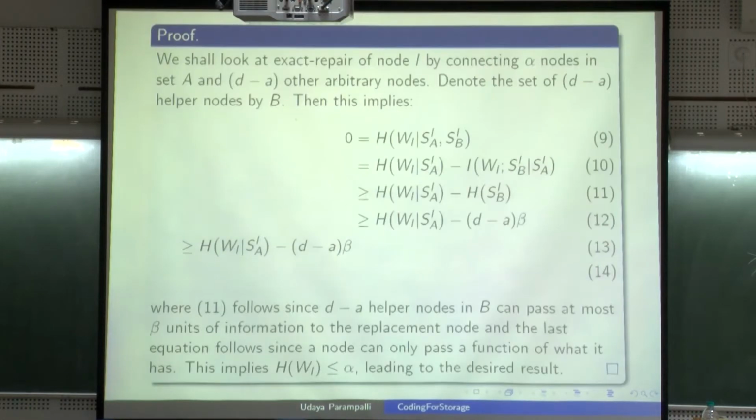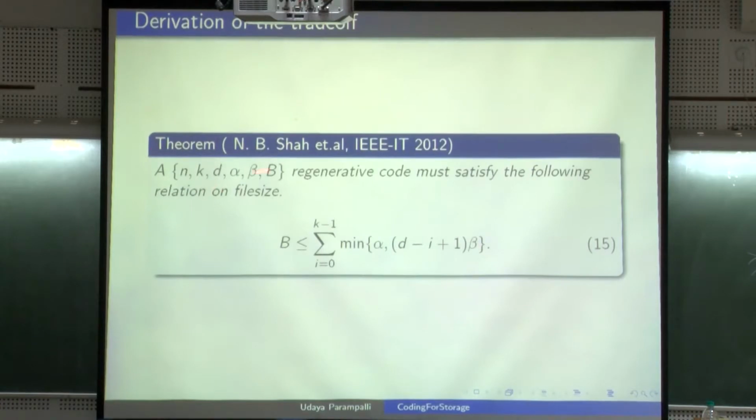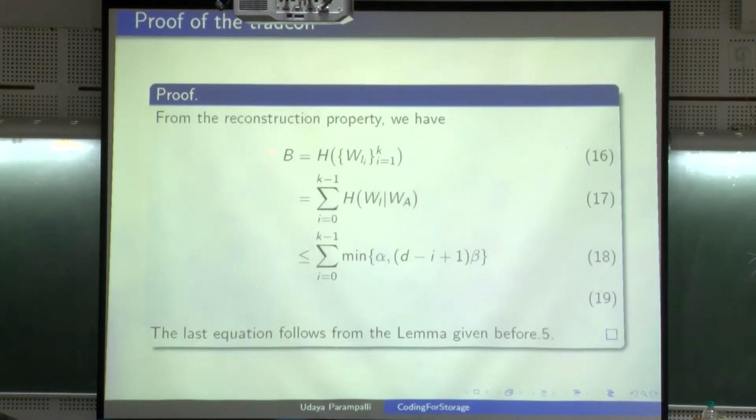So for any regenerative code, the reconstruction property demands that the joint entropy of this set of variables together is B, the file size.